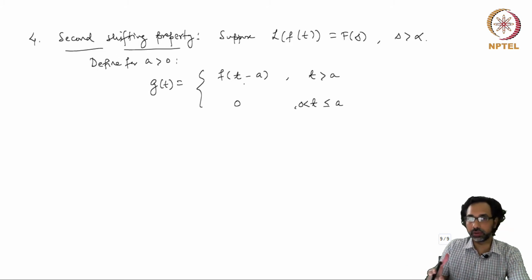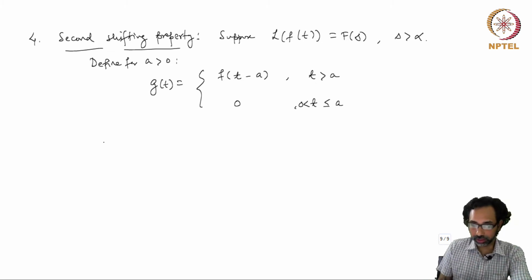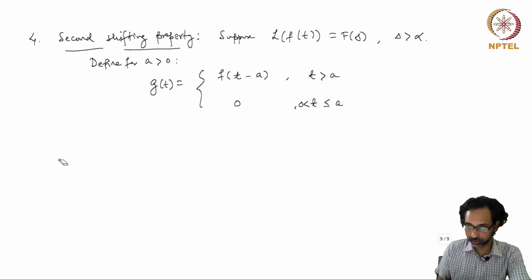So our domain gets shifted to the right, and this is why it's again called the shifting property. Now let us see the proof of this property. So I want to compute the Laplace transform of this function g(t).